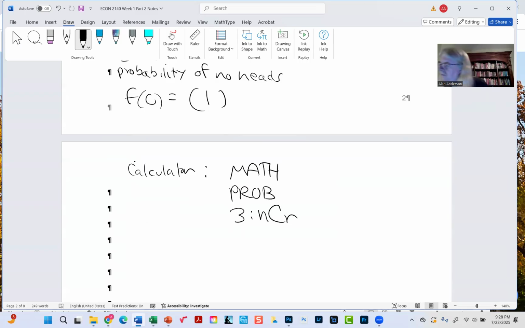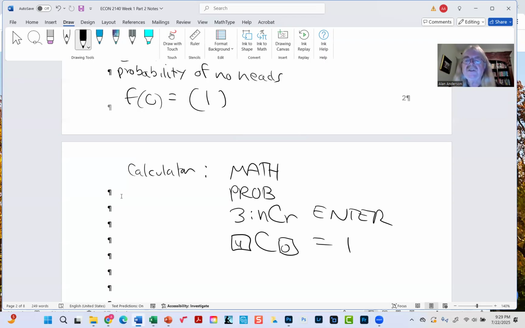And when you hit enter, it offers you the opportunity to fill in these boxes, which are in this case 4 and 0. Let's see that it is in fact equal to 1.